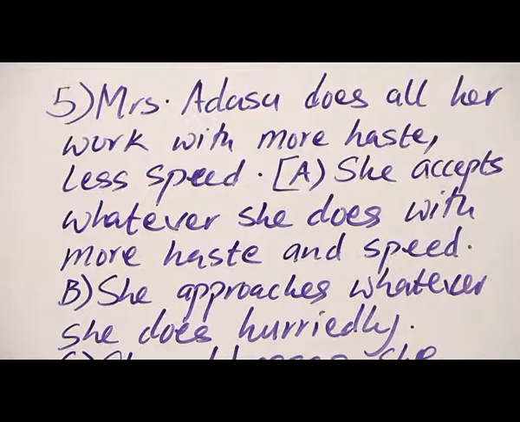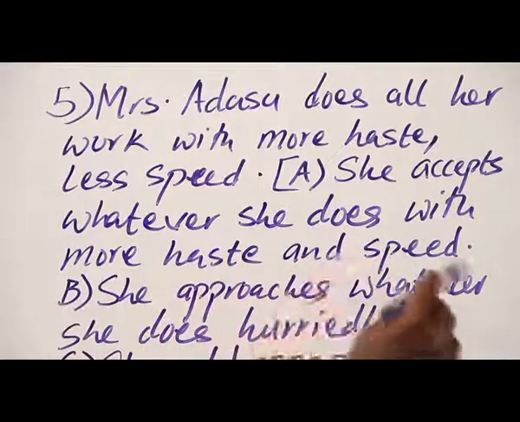Now, question 5. Mrs. Adasu does all her work with more haste, less speed. This question is on meaning derivation, not on idioms. Now, option A. She accepts whatever she does with more haste and speed.